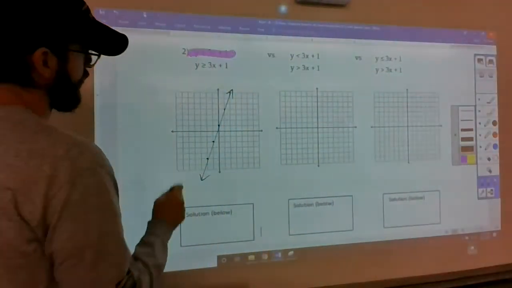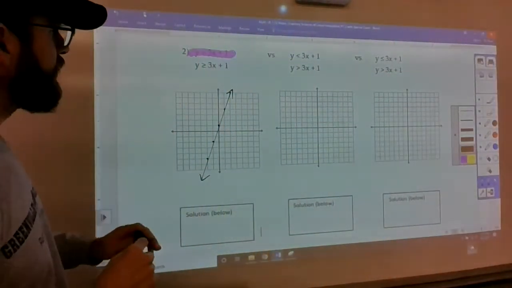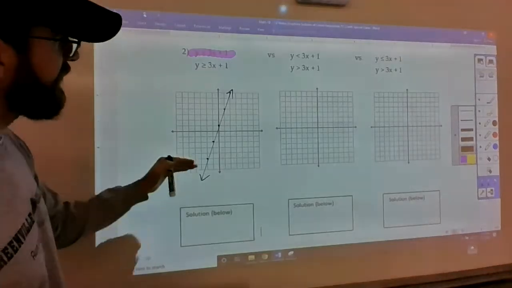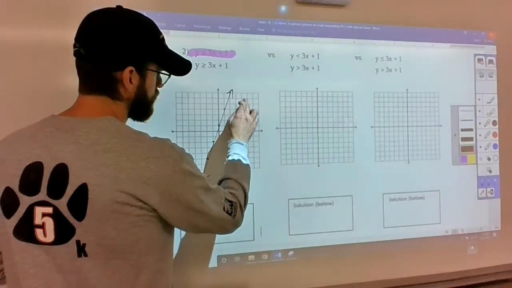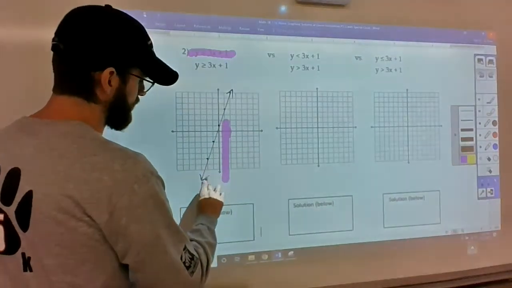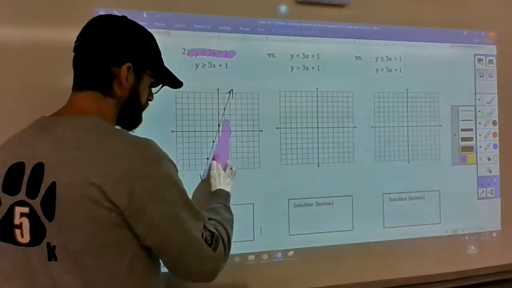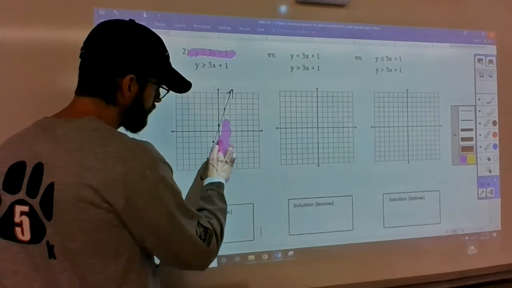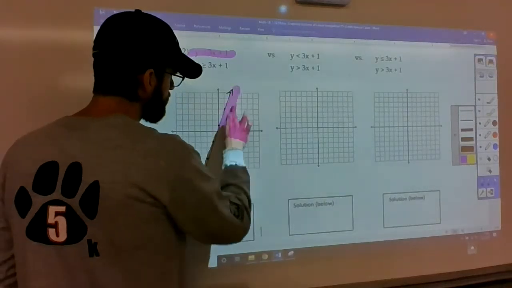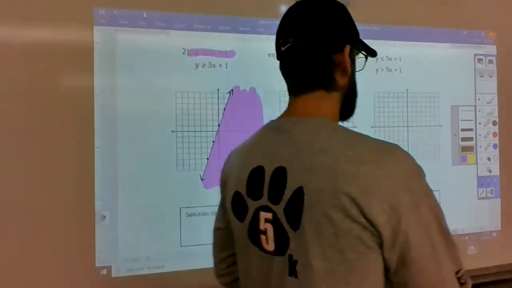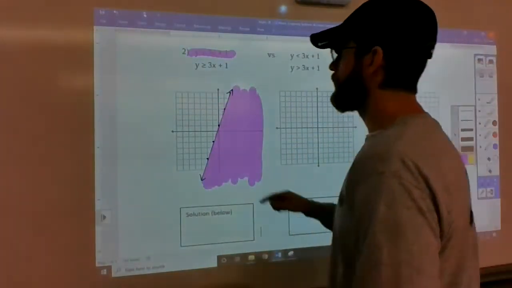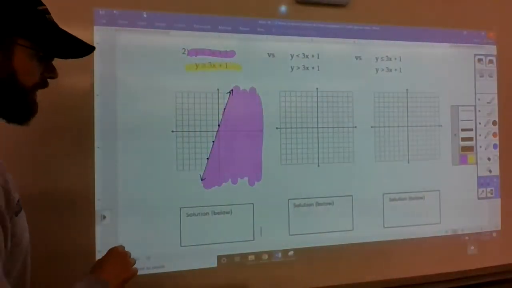Well, here's my first one. Less than or equal to that line means I would shade everything below that line, including the line. So this is below the line. This is everything above the line.